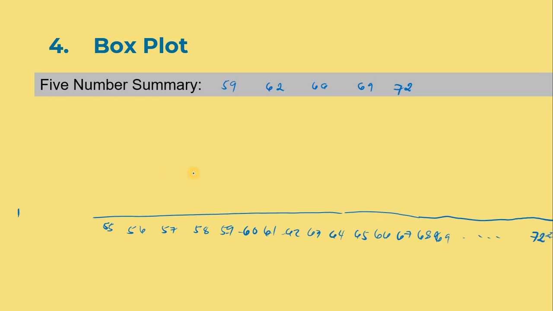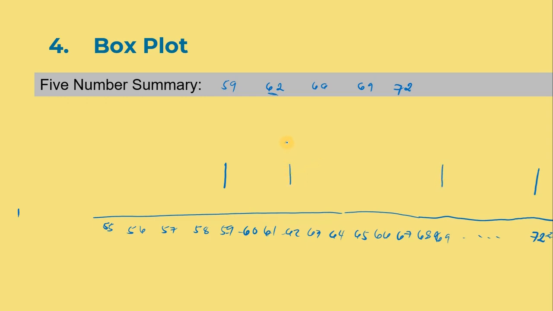And yeah, what you do is you draw a line at your smallest value, the minimum, then at the maximum, then another line at quartile 1, then at your median, then at quartile 3, which is 69 here.